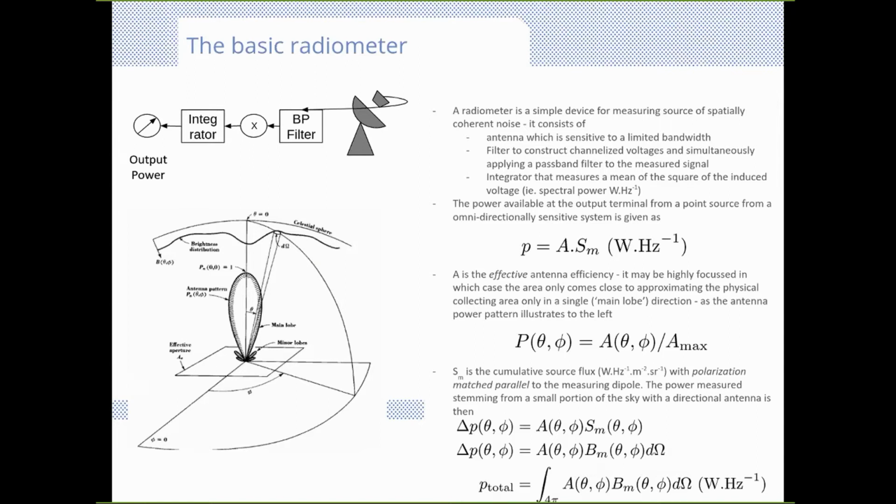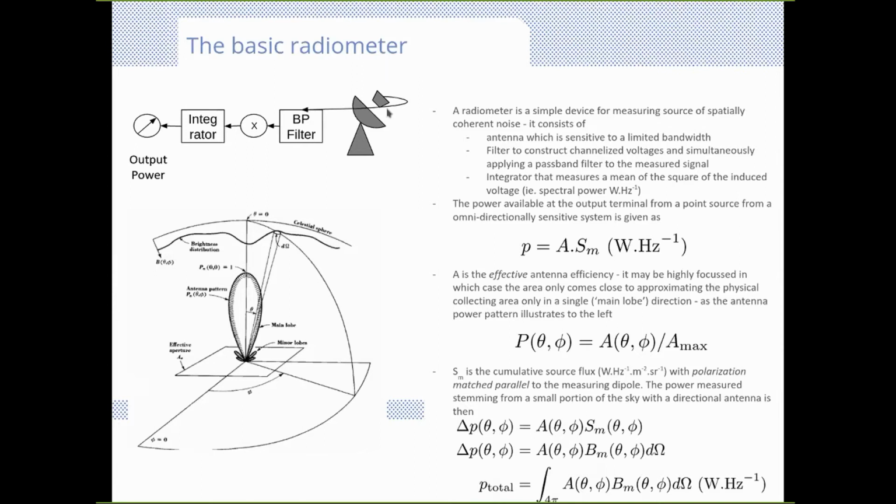Now, that dipole is only going to be sensitive to wavelengths that are four times its physical size. So we refer to this usually as a quarter wave dipole. So it's the physical size of the measuring device, the dipole in this case, that is going to limit the range of frequencies that you're sensitive to. So we usually apply a further filtering on top of this, but I just wanted to point that out.